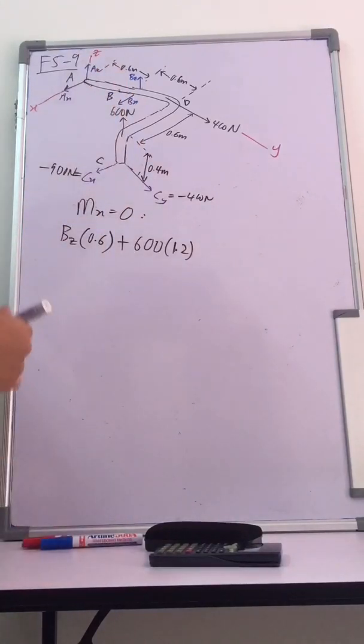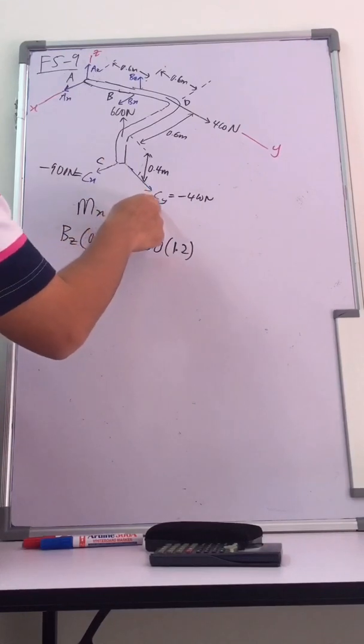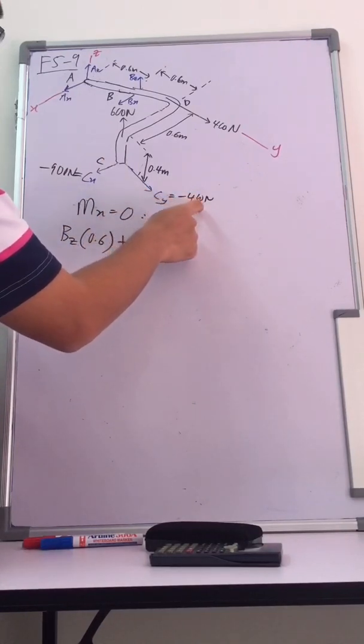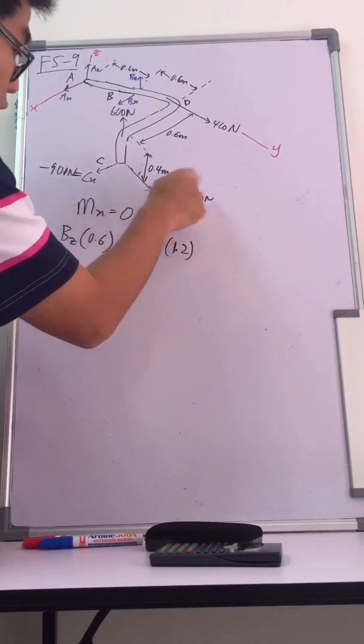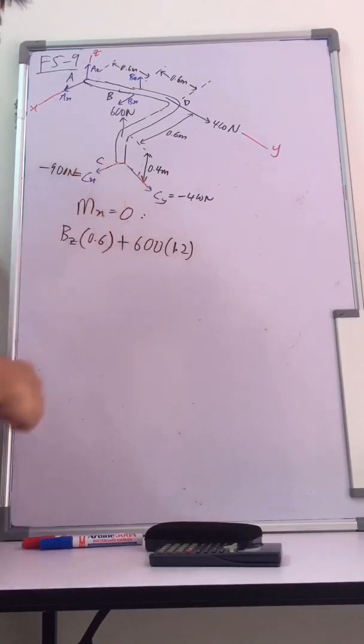Okay, so for the MX, you know that the Cy is minus 400 Newton, which means that, again, the magnitude is 400 Newton, the direction is the other way around from the initial assumption, right?